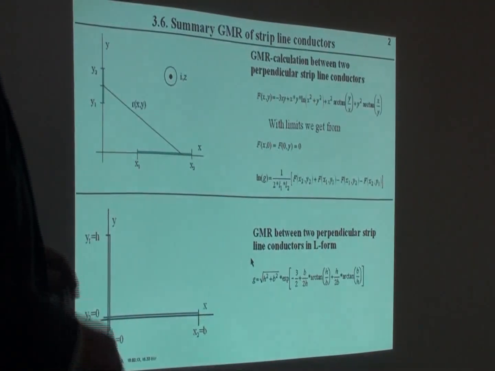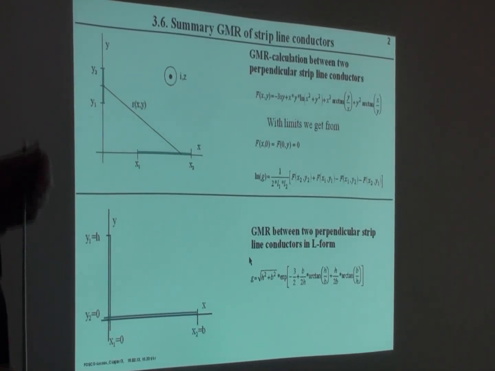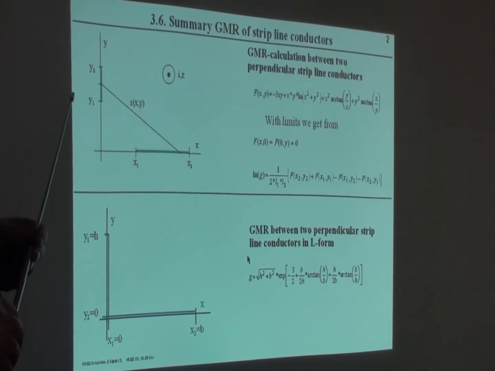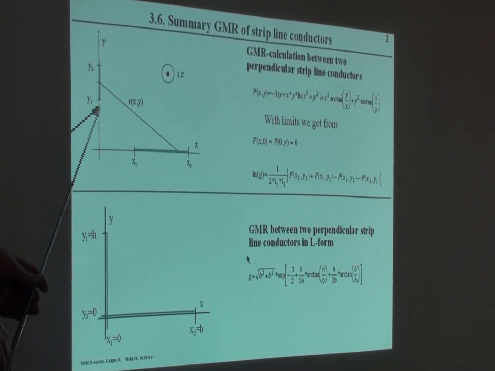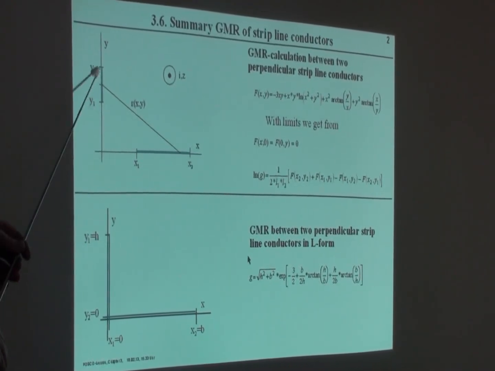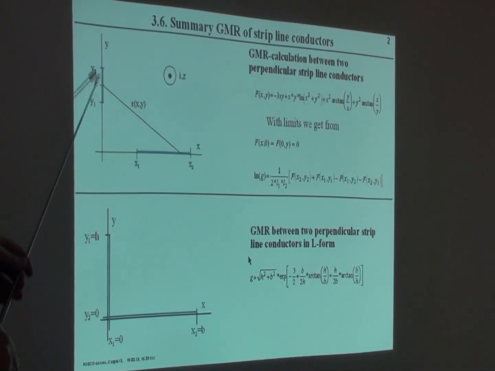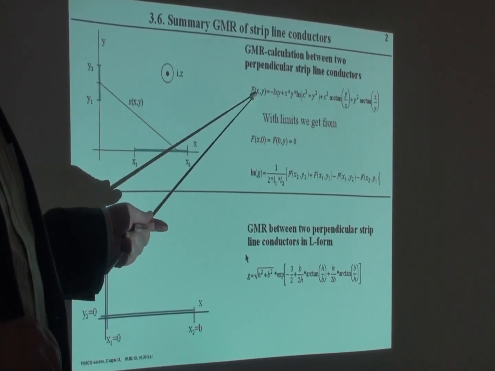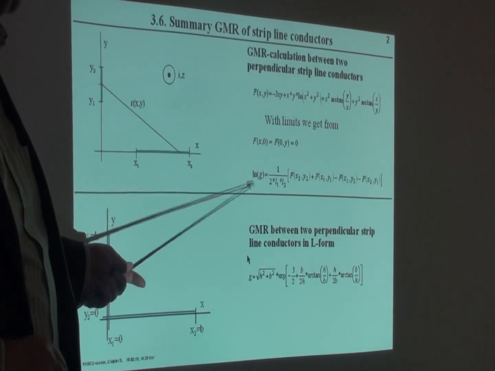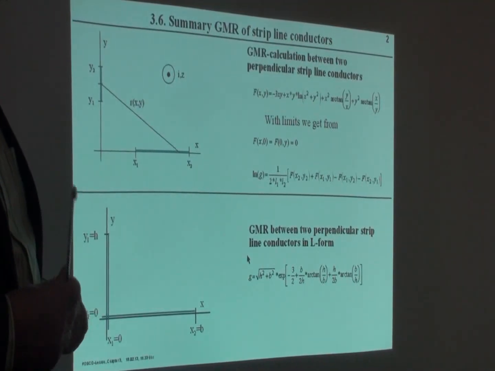So, the GMR calculation is always a double integral to solve. And you have to put in limits: this limit, this limit, this limit, and this limit, in f of x and epsilon. Here is a formula, and this is the same as shown before.